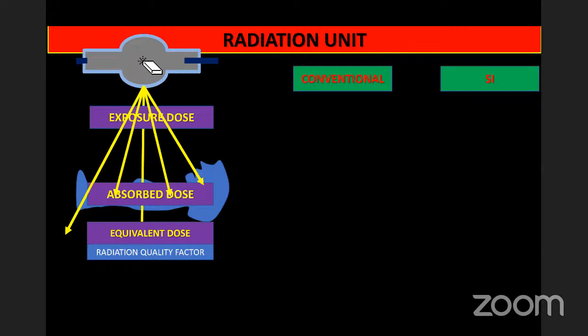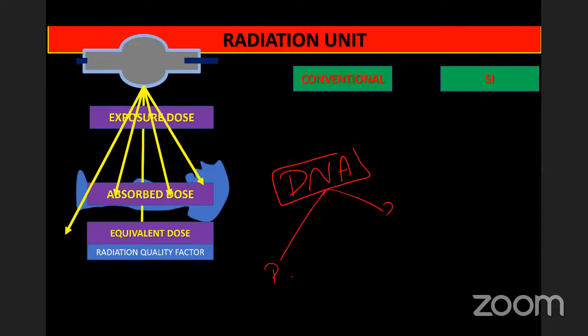Now one more thing which is very important: what do these radiations cause? All these radiations can cause some amount of heat dissipation, and they can cause some DNA damage. Whenever there is DNA damage, the body does two things.